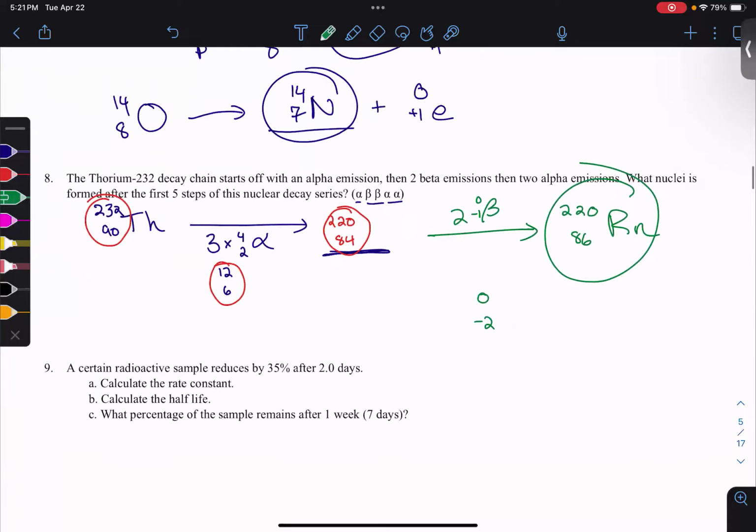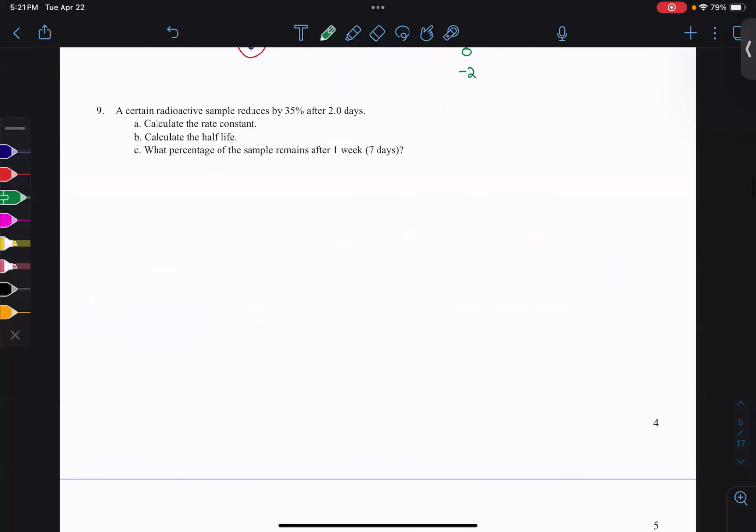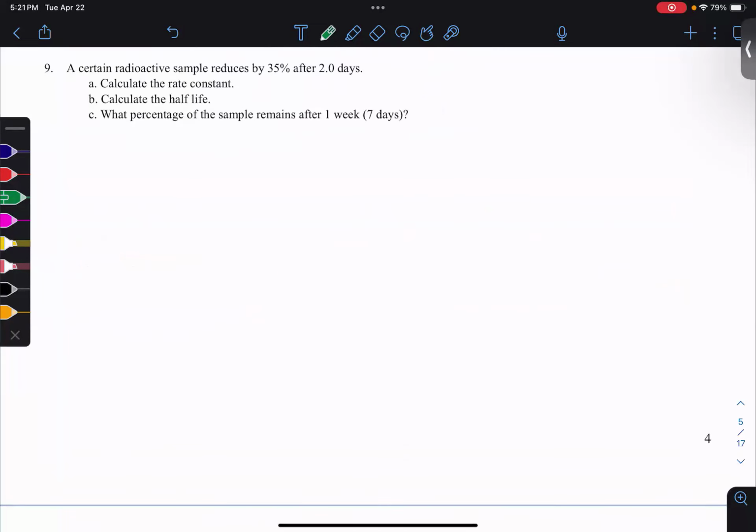All right, so the last part, I guess there's 2 extra parts for nuclear chemistry. One of them is kinetics, but this is no different than the kinetics we did in chapter 14. So if you're good with that, the integrated rate law equation and half-lives, then these nuclear equations will be the exact same, all right?